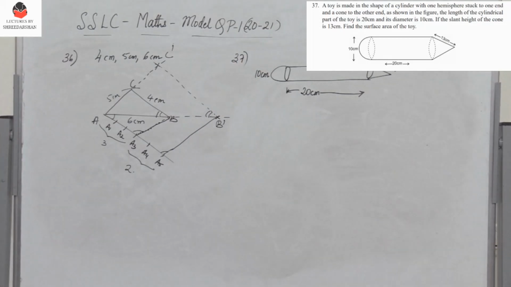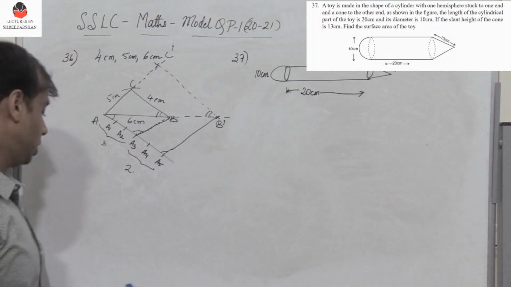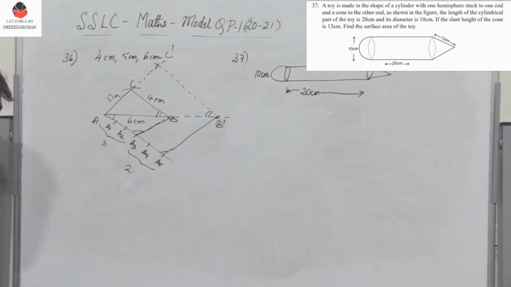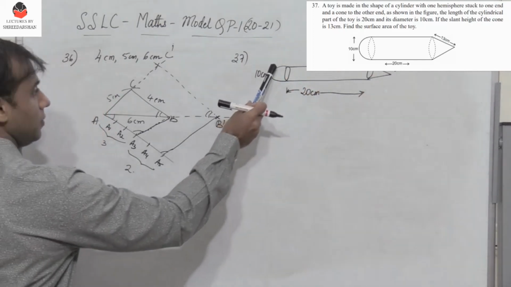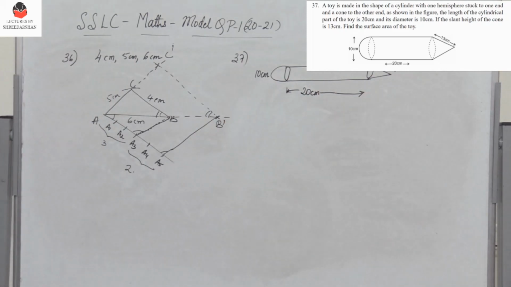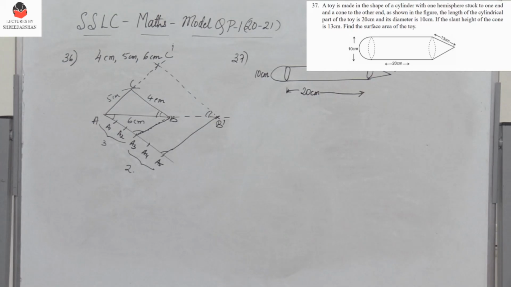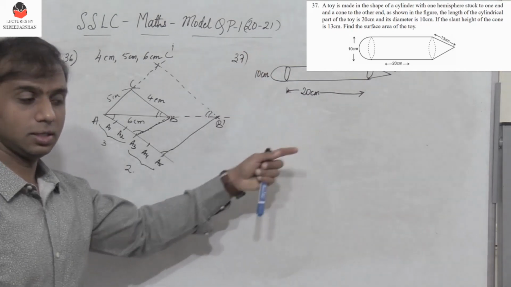A toy is made in the shape of a cylinder with one hemisphere stuck on one side and a cone which is stuck on the other side. The total length of the cylinder is 20 centimeters, the diameter is 10, and the slant height of the cone is 13. We need to find the surface area of the entire toy.